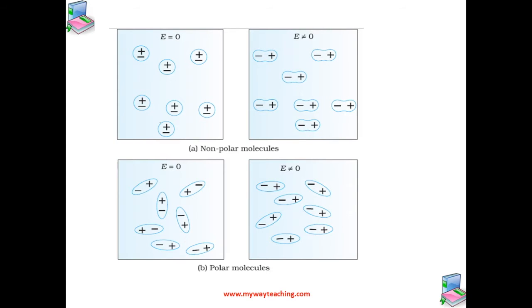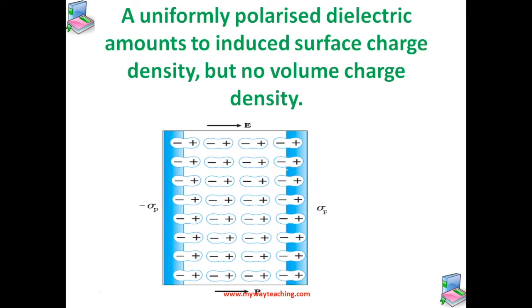But when we provide an external electric field, the individual dipole moments tend to align with the field. First, they are aligned randomly, as you can see in these figures. But when we apply the external electric field, they tend to align uniformly in the direction of the electric field. When summed over all the molecules, there is a net dipole moment in the direction of the external field. The dielectric is polarized.